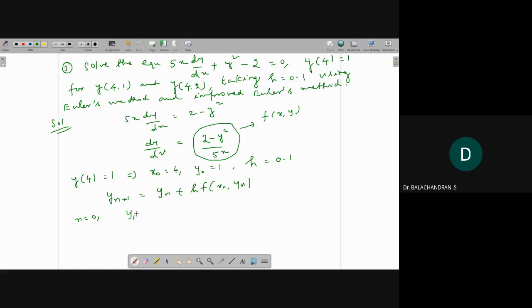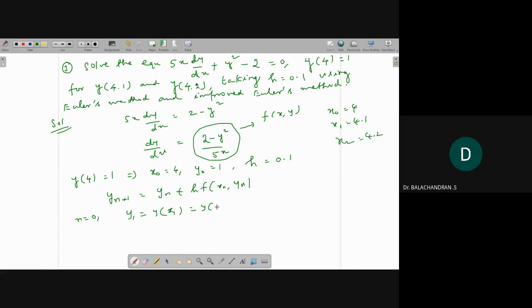So y1 means y of x1. x0 is 4, x1 is 4.1, x2 is 4.2.